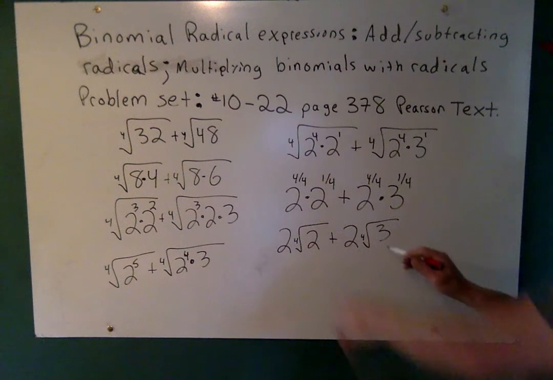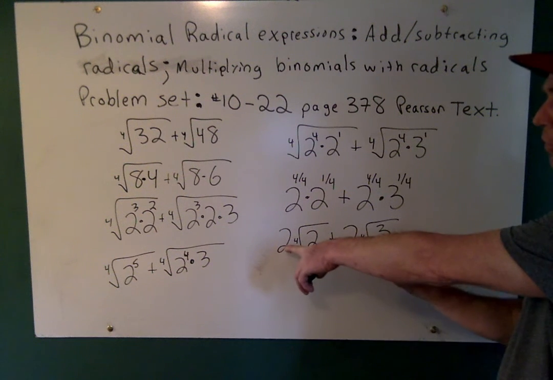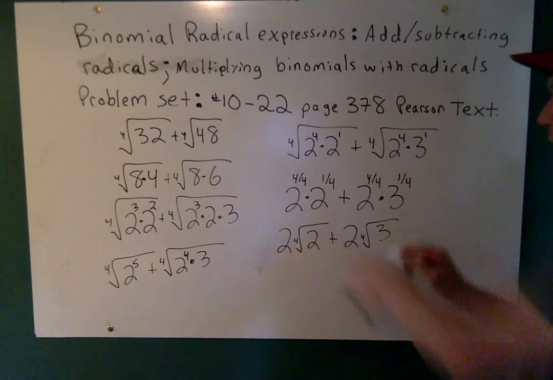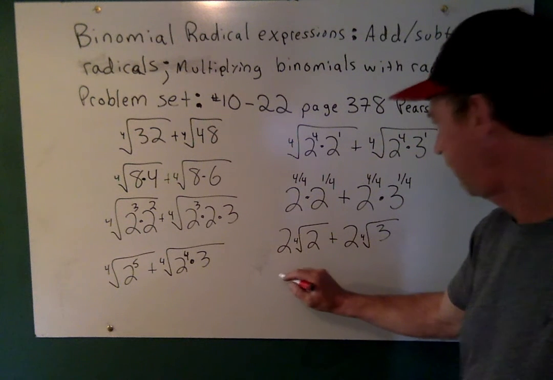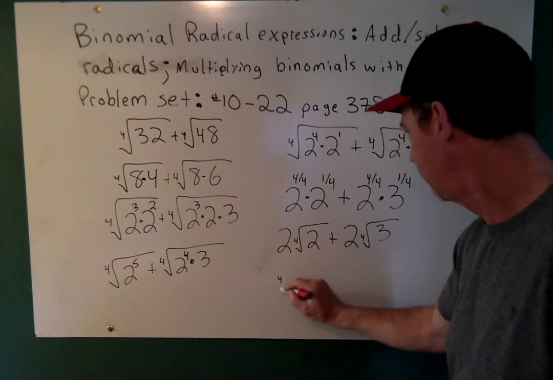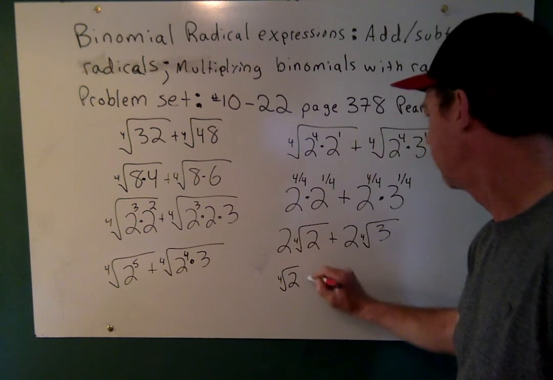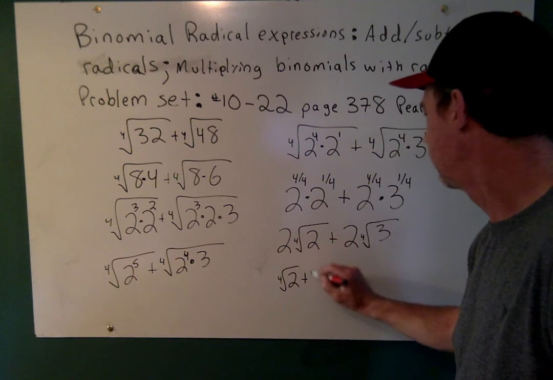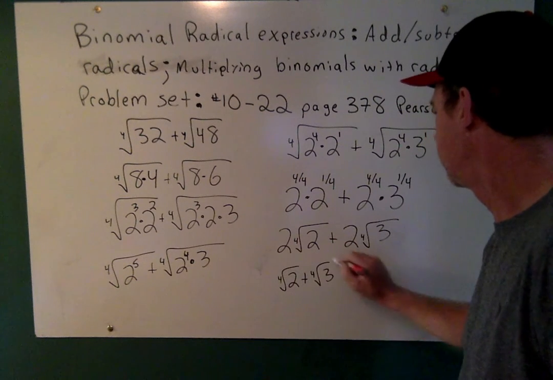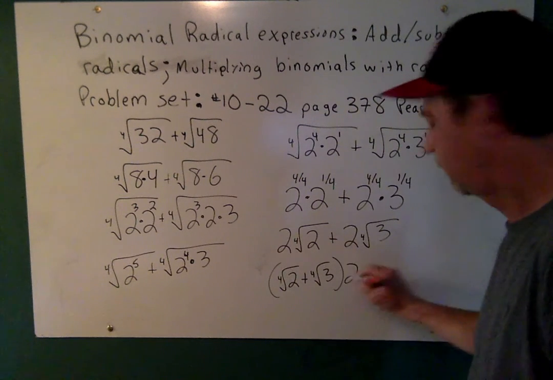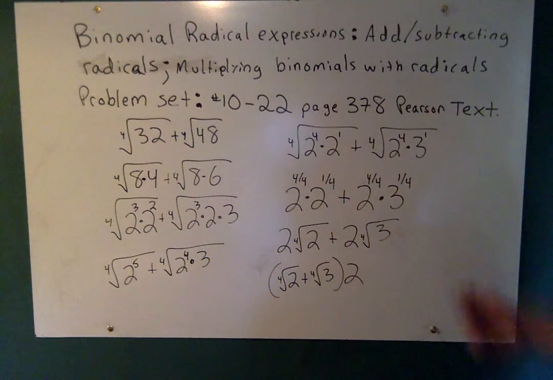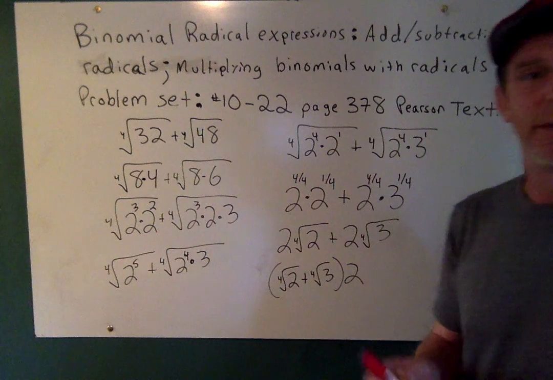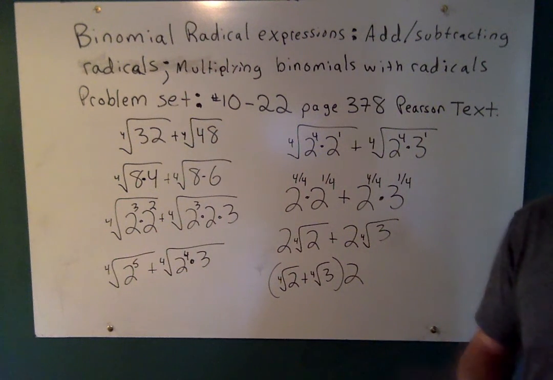Now, as they both have a common factor of 2, we would end up having 2 times the quantity, the 4th root of 2 plus the 4th root of 3. Not much more you can do here because you're adding them, you're not multiplying them. All right, thank you very much. I'll stop here.